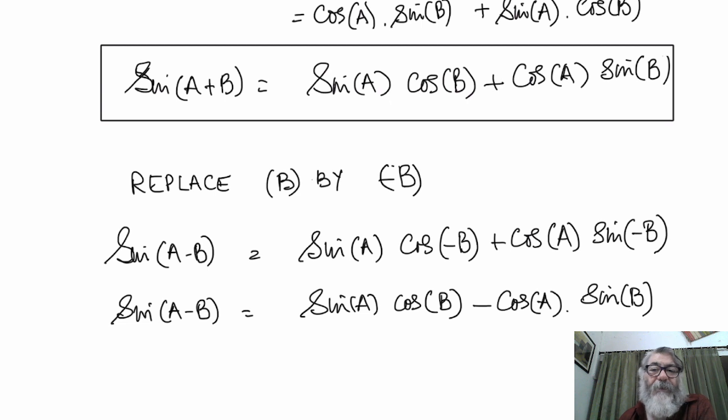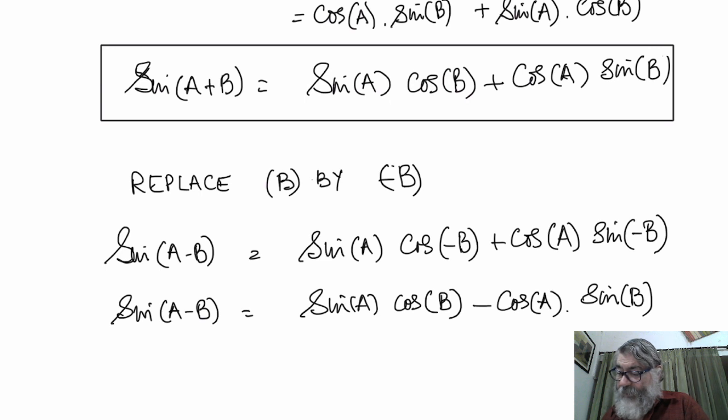Notice that in sin A minus B, the combination is sin A cos B, cos A sin B, but the negative sign has come in between. When it was sin A plus B, it is sin A cos B plus cos A sin B. But sin A minus B is also sin A cos B, cos A sin B, only the sign in between is minus.